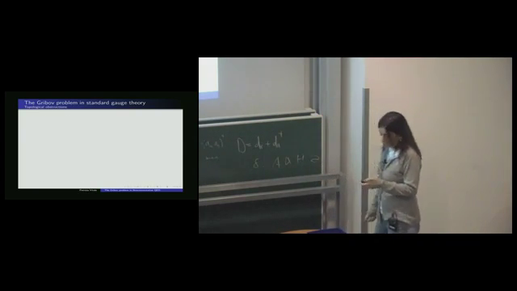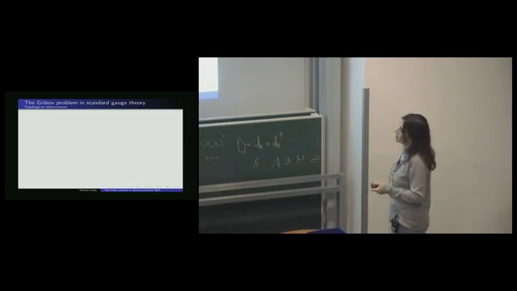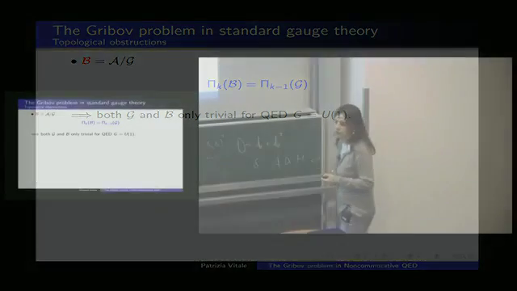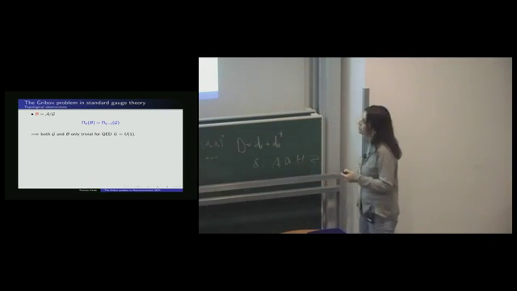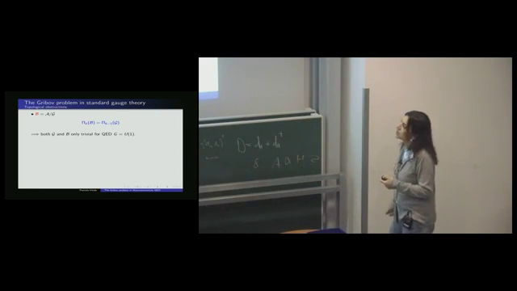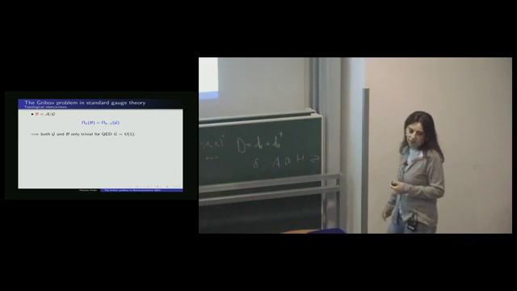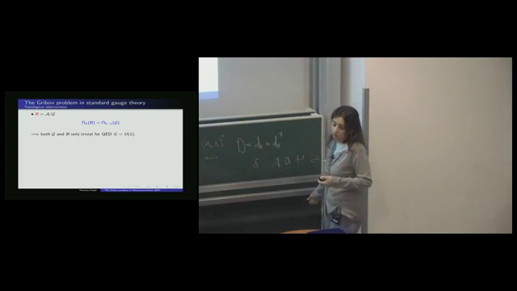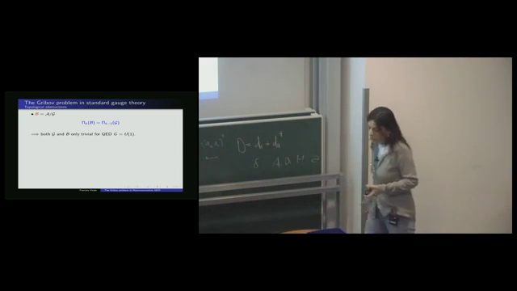What happens to B, to the base space? Base space is A over G. There is this nice relation between the homotopy groups of A over G and G. So again, I have that B is only trivial when G is equal to U1. So this is why we have copies.